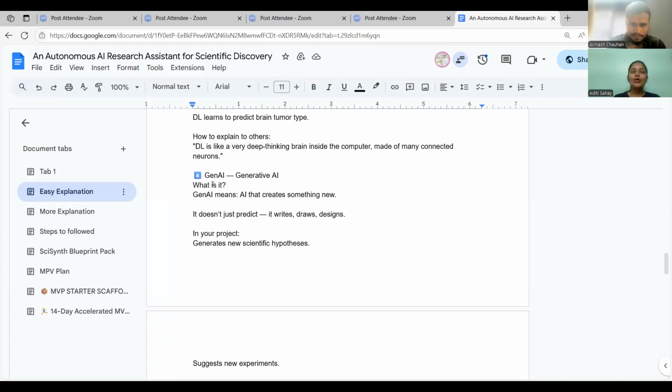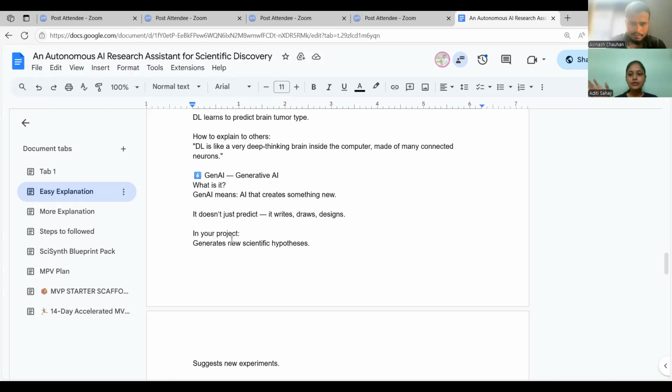Now we'll move on to the next one, that is generative AI. The name itself can help you understand what it means. Generative means to generate, so AI is generating something new, is what generative AI is. It is not just helping you to predict something, but it is creating something.